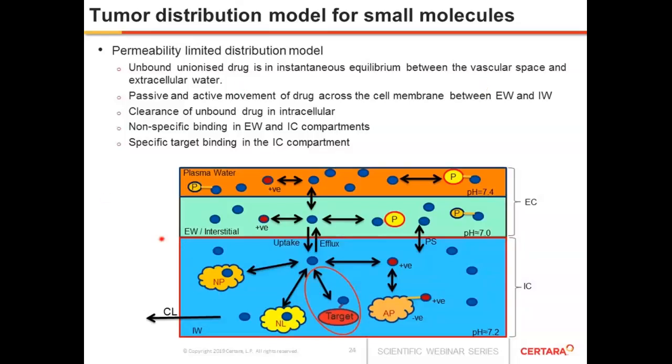And within that, you'll have impact of, for example, transporters, so we can take into account PGP, or other transporters can be modeled as well. Within the intracellular space, you can get binding to neutral phospholipids, neutrolipids, and acidic phospholipids. And also, what you can observe is specific target binding, which can be modeled within this intracellular compartment.